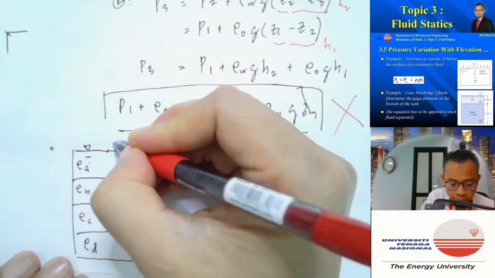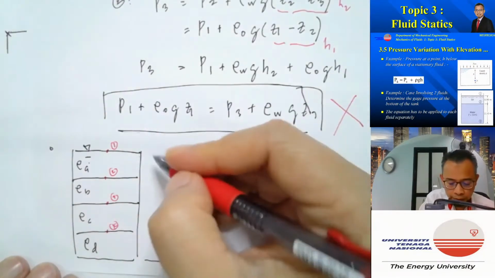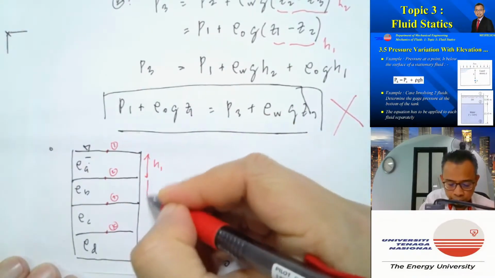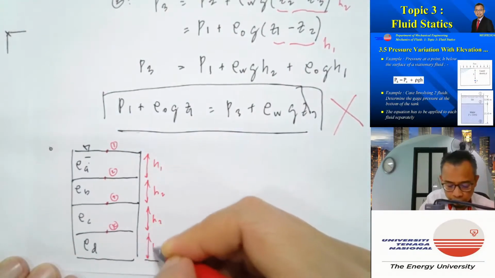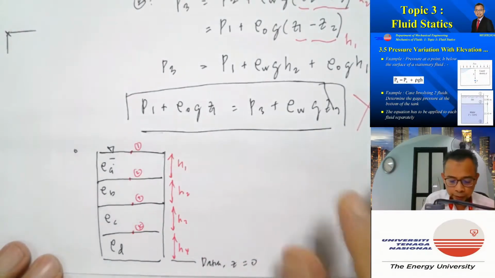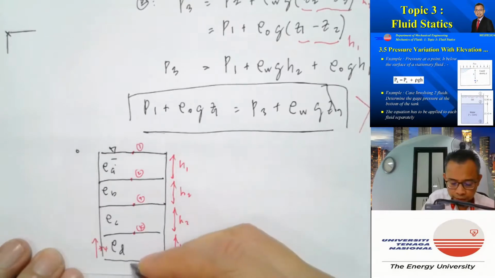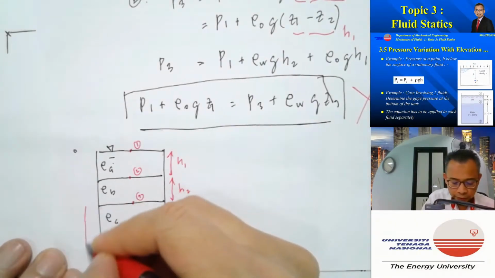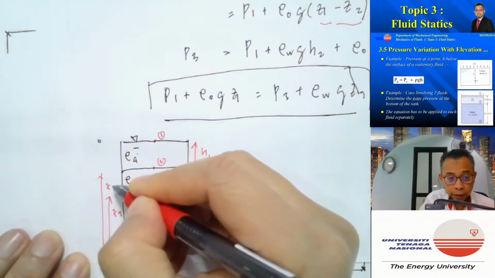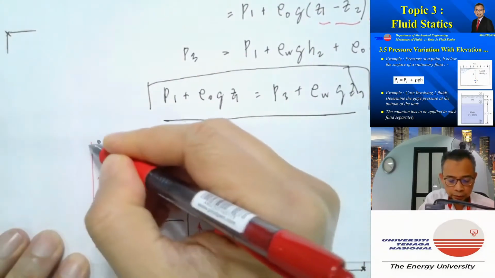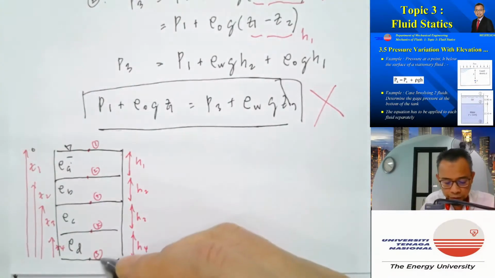If I define here point 1, 2, 3, 4, and the heights here are H1, H2, H3, H4, then this is my Z4, and this is point 5. And this is my Z3, this is my Z2, and this is my Z1.